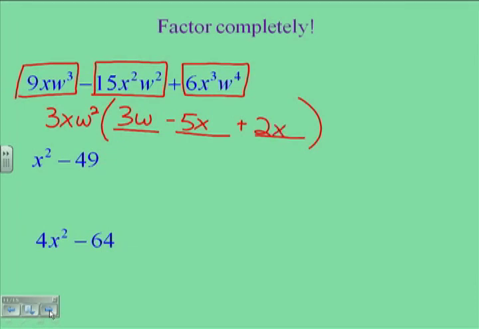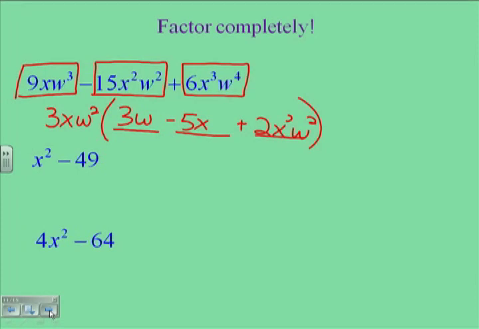I'd need x squared, and I'd need w squared. Okay? And then you look at that mess inside of the parentheses and say, does that look like the answer from foiling? And thankfully you say no. Okay, so I'm done. That would be my final answer on factoring.